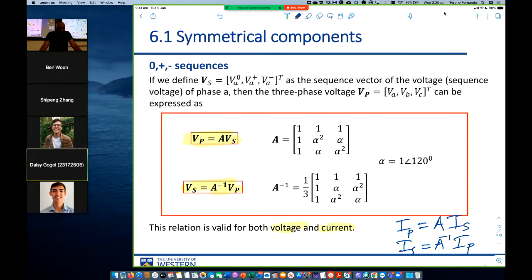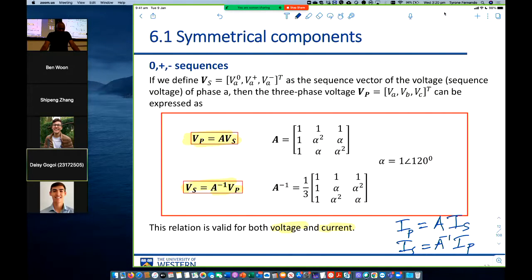The phase voltages Vp is a vector, Vs is a vector. Vp is Va, Vb, and Vc, voltages in the phase A circuit, phase B circuit, and phase C circuit. Then we can write this relationship.